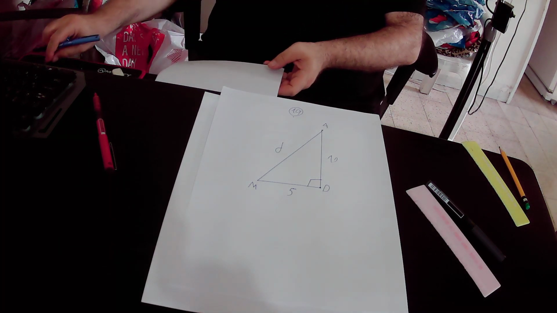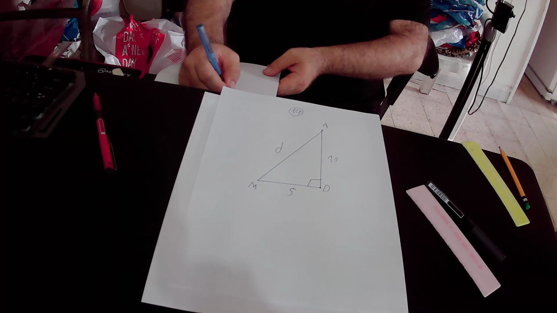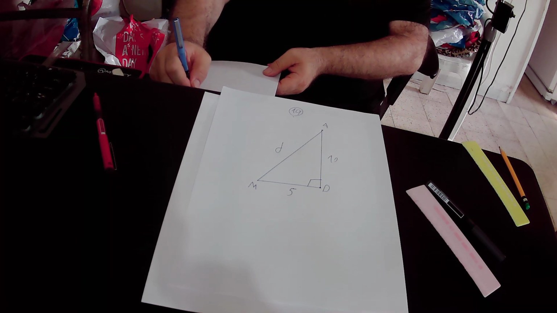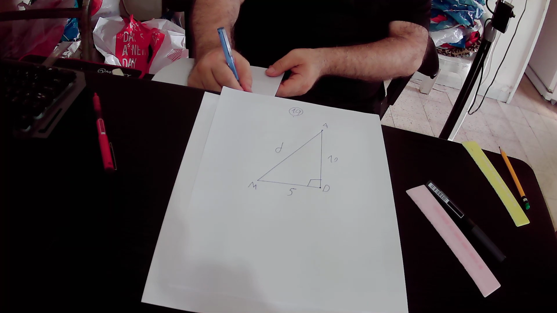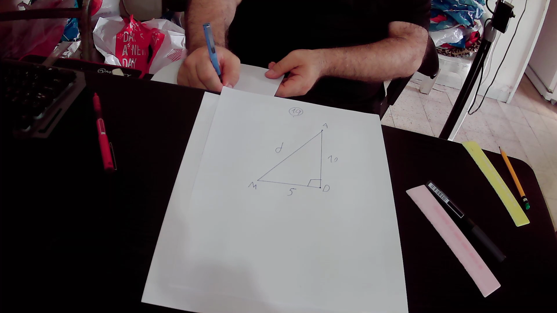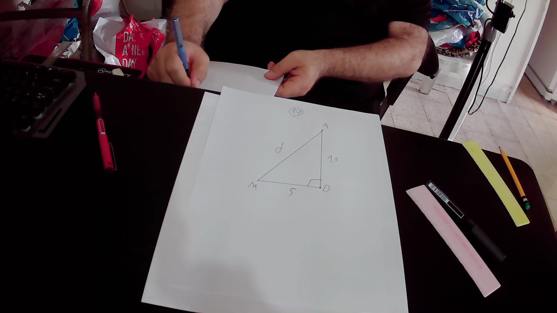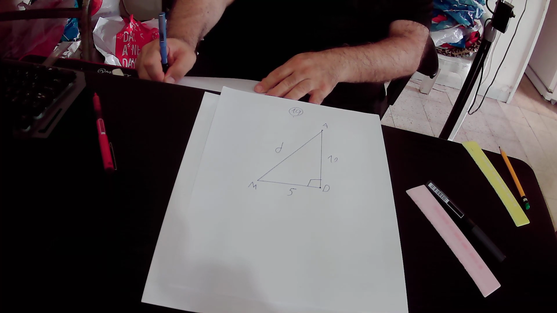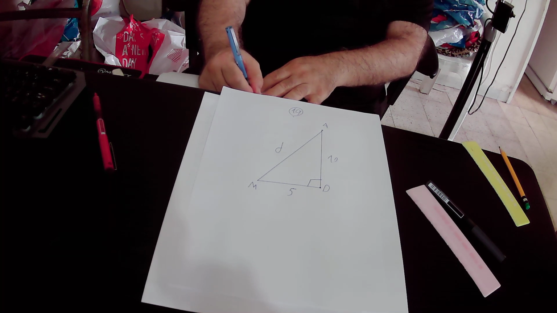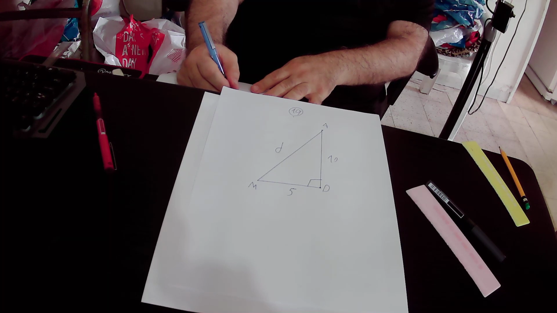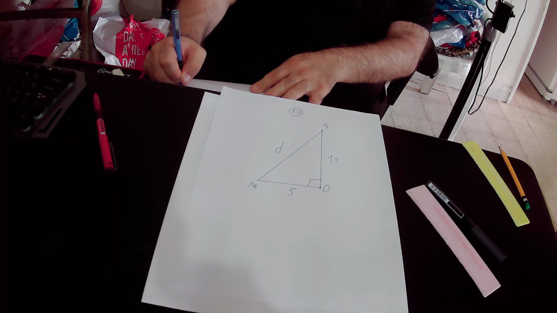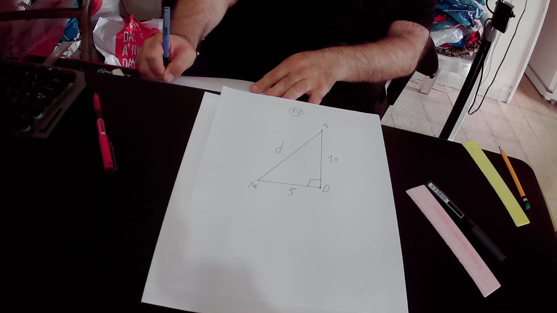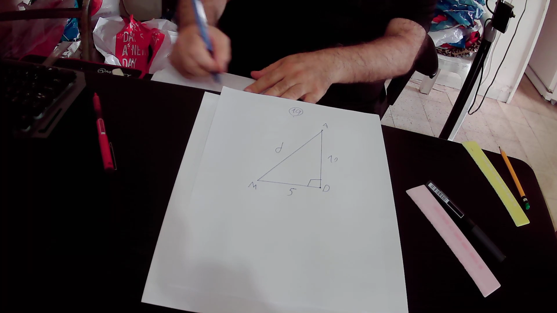So in a right triangle, the square of the hypotenuse equals the sum of the squares of the perpendiculars.